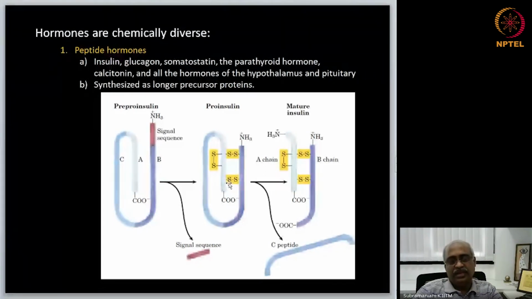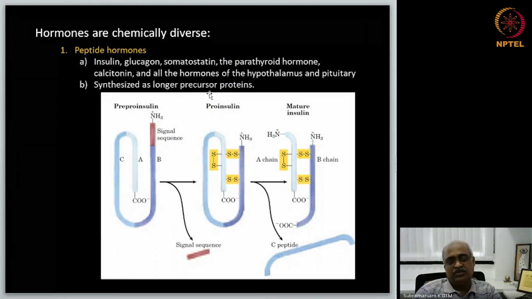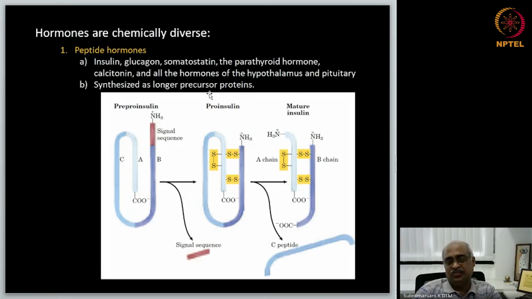Then it undergoes two more proteolytic cleavages, one here and one here, and this blue color portion is released as a C peptide which has its own function, and this A chain, B chain, 2 chain containing final product is what is active mature insulin. Okay, so this is an important point. The peptide hormones are synthesized as longer precursor proteins and they are cleaved into active form.